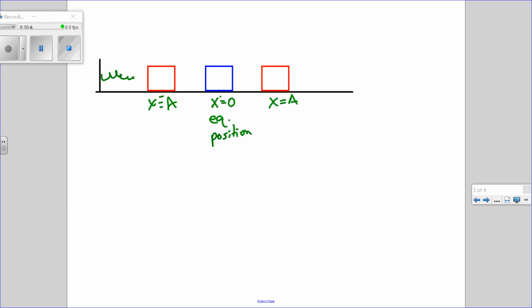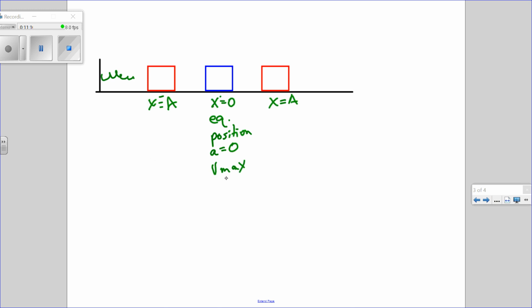Now, if we look at this, at the equilibrium position, the forces are balanced, so our acceleration is 0. But at the equilibrium position, if this thing is sliding back and forth here, the velocity at this point is at a maximum.